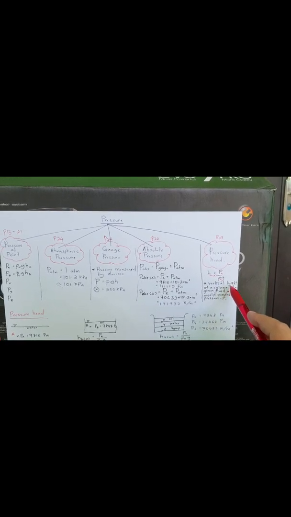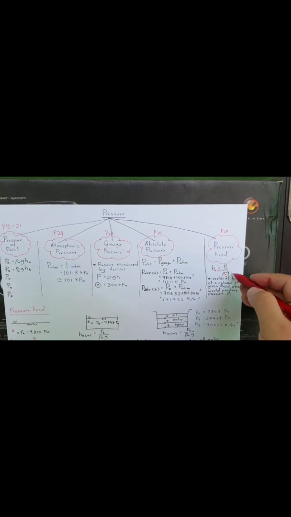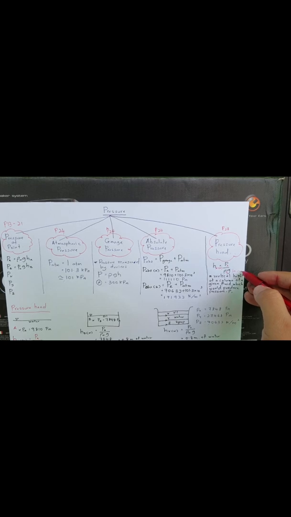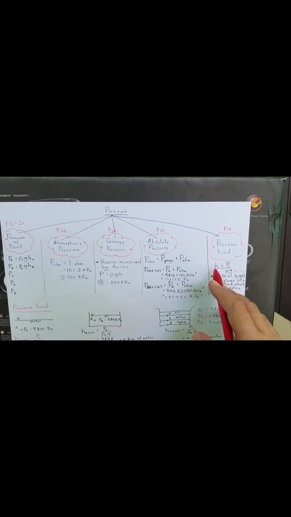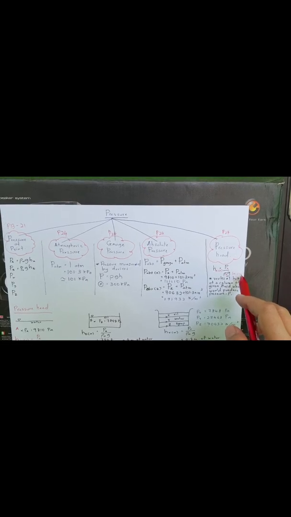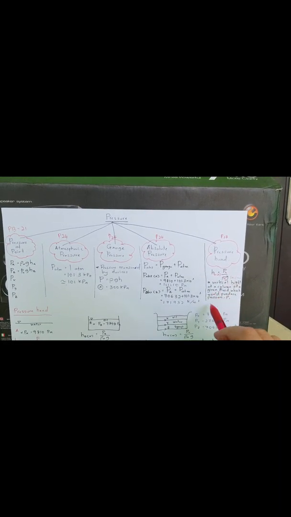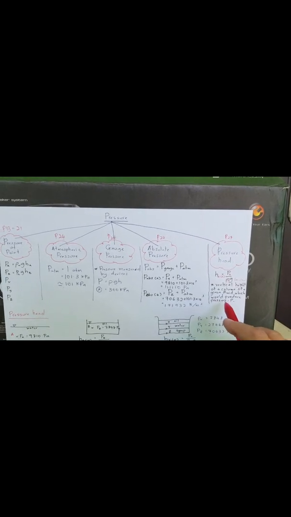So bila height ni, unit dia mestilah meter, sentimeter, milimeter. So pressure head ni, unit dia mesti meter, sentimeter or millimeter sebab dia adalah vertical height of a column of given fluid which would produce pressure P.